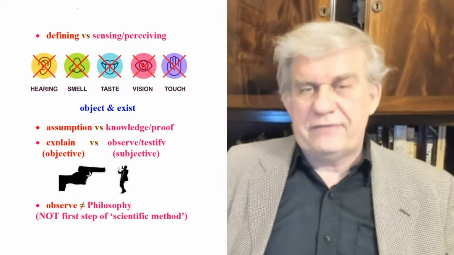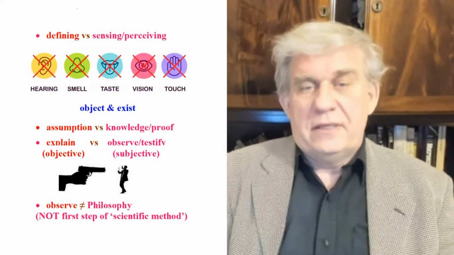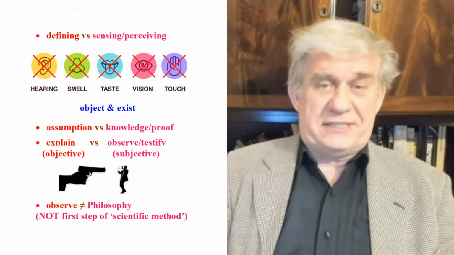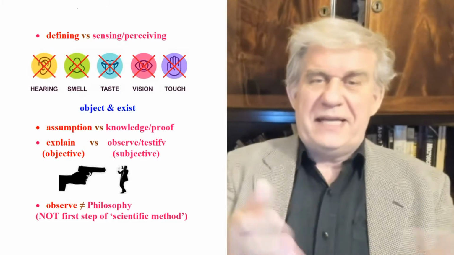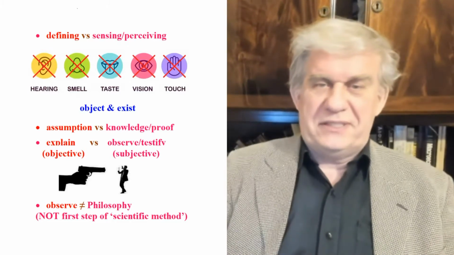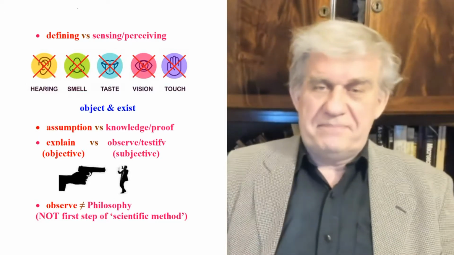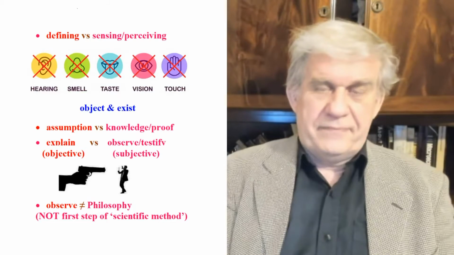And people have this notion that an object is that which you can touch or see. And they also believe that existence, that which exists, is also that which you can touch or see. So they have, throughout the centuries, equated object or a thing with existence. They think they're synonyms. They can't see any difference between these two words.